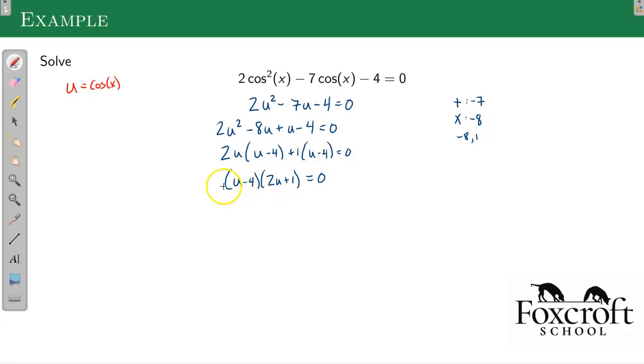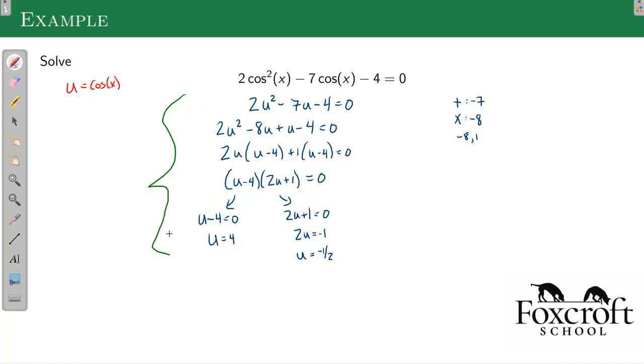I have the factored form equals 0, so now I can take each factor and set it equal to 0. Add 4, subtract 1, divide by 2. Then I have to remember, okay, I solved my quadratic. All of this was just the middle step of solving this quadratic.